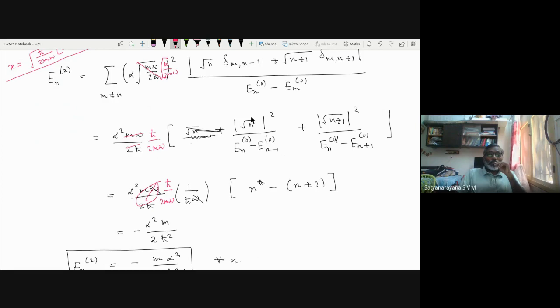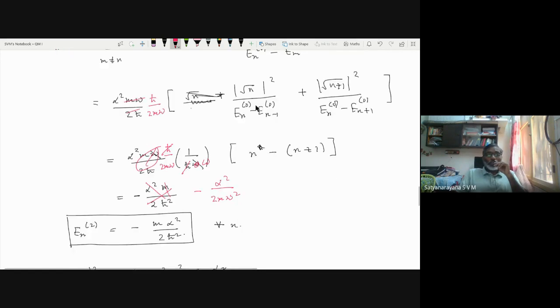So now you can see this h bar will cancel and then omega will not cancel. It will be alpha square by 2m omega square minus alpha square by 2m omega square. Correct?